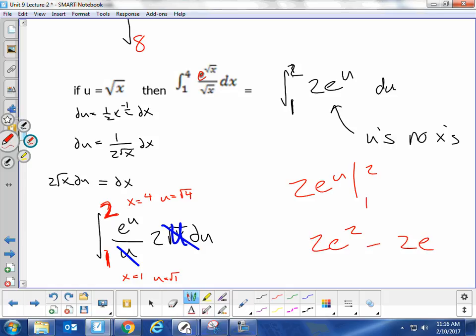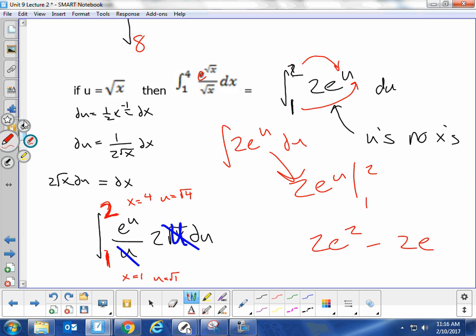Right? Well, Mr. Messner, didn't you just take 2 and plug it in here and take 1 and plug it in there? No, didn't do that. I took the antiderivative first. Okay? Don't just plug in those numbers from that integral into what's inside of it. That doesn't work. I took the antiderivative. This is the antiderivative of 2e to the u.